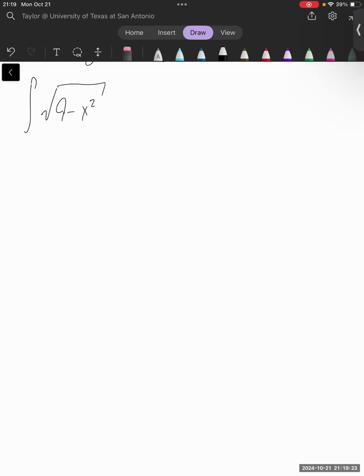So the integral that we're presented here is given in the form a squared minus x squared, where we'll be using the substitution x equals a sine theta. In this case a equals 3, because these two correspond. We take the square root of 9, we get 3.